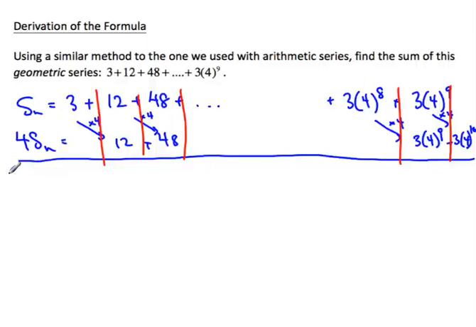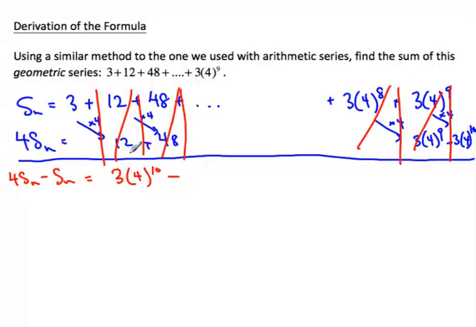So if I do the bottom row, 4 S sub n minus the top row, S sub n, so I'm taking the bottom row and subtracting the top, then this is going to cancel, this is going to cancel, that's going to cancel, that's going to cancel. What's not going to cancel is this, and because this is what I'm subtracting from, this is going to remain, 3 times 4 to the 10. And I've subtracted the top row, everything's canceled except for that 3, so I have that.